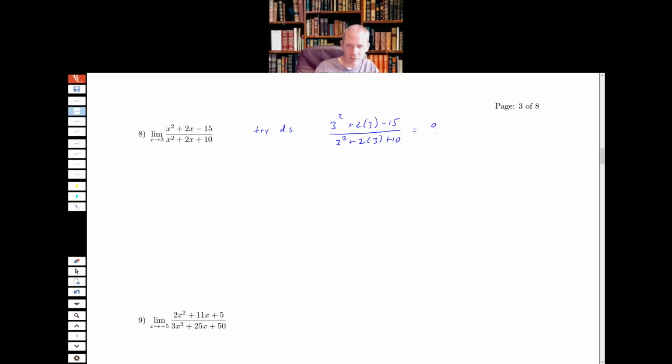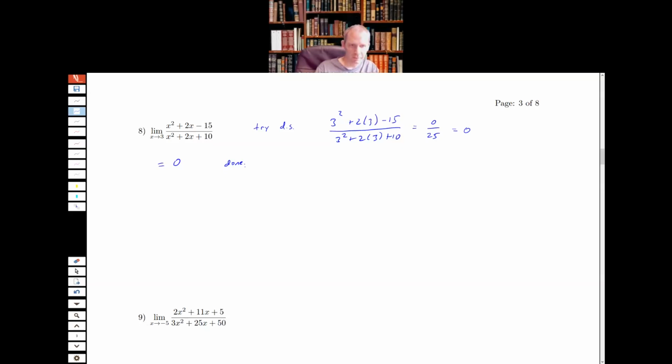Minus 15 gives me 0. In the bottom, I have 9 plus 6, which is 15, plus 10 is 25. 0 over 25 is 0, but that's not a 0 in the denominator. That's a legitimate number. So using direct substitution, I just get that this limit is equal to 0. And I'm done. Okay, so if you try direct substitution and you get a number out, then that's it, you're done.